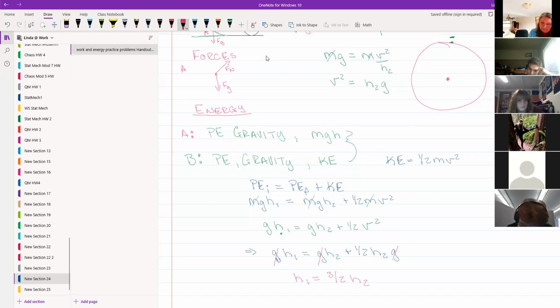And that's it. So this is very idealized. This is saying that h1 needs to be 1.5 times higher than h2 in order for me to just make it around. And we took something that looks like we have absolutely not enough information to solve for, and we're able to pull it down and simplify it to this really pretty equation. So everybody seeing the logic there?